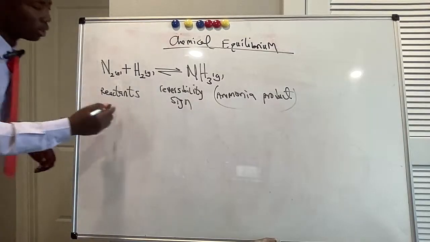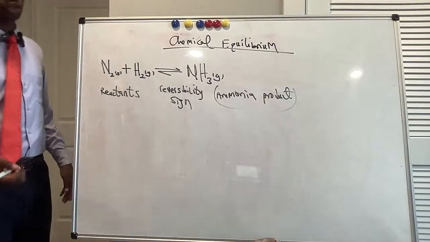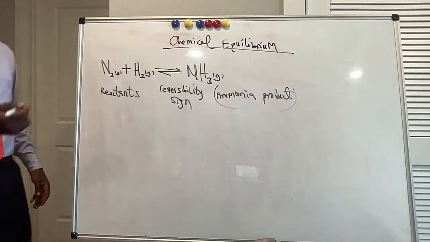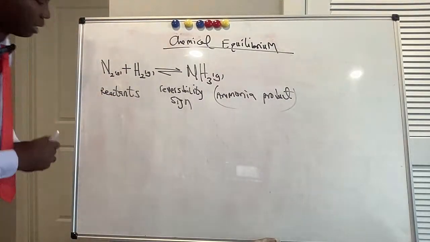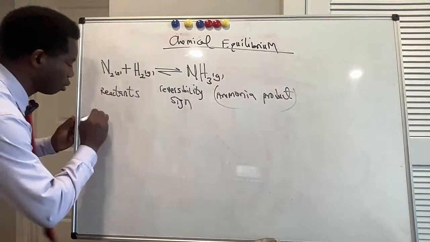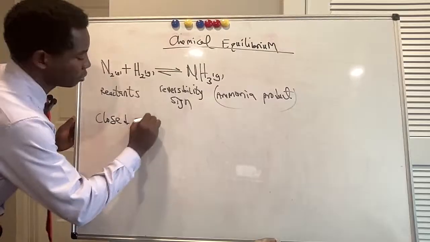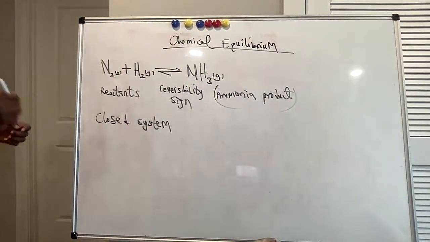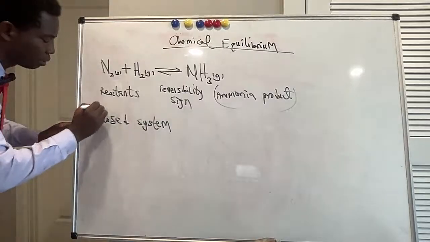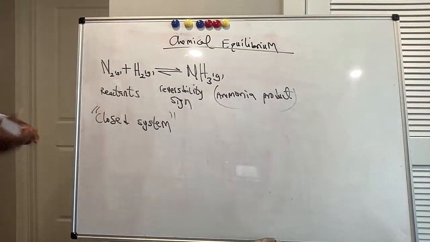Now, what happens in equilibrium? Equilibrium cannot just take place. There are certain conditions whereby equilibrium can take place. Equilibrium only takes place in what we call a closed system. Now, we have three major types of system.